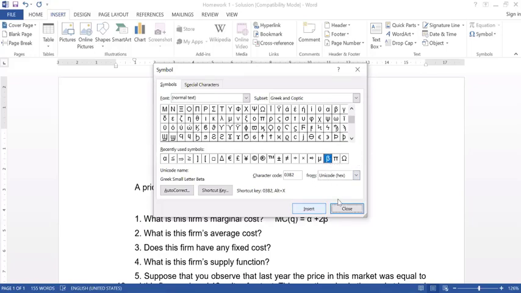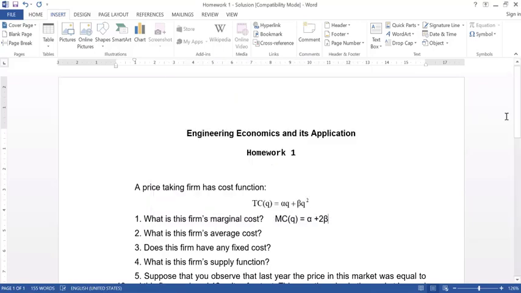Beta Q. Yes, this is the marginal cost function. The marginal cost function is alpha plus 2 beta Q.